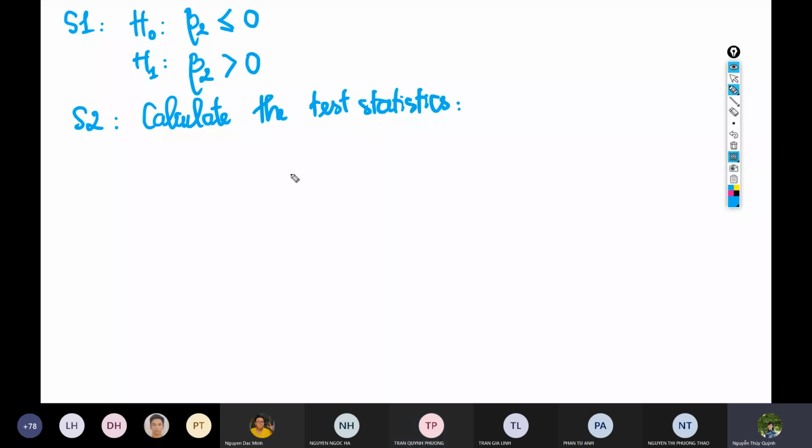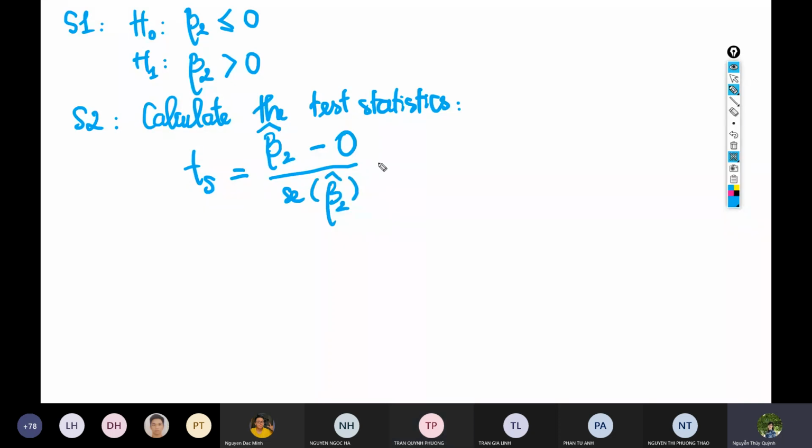The formula first: beta 2 hat minus 0, divided by the standard error of beta 2 hat.